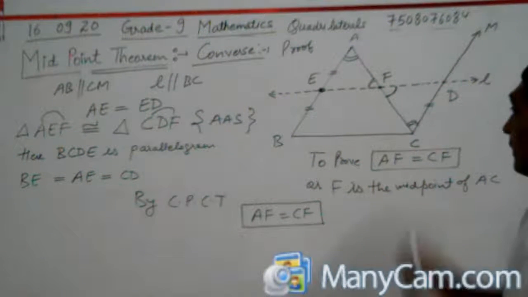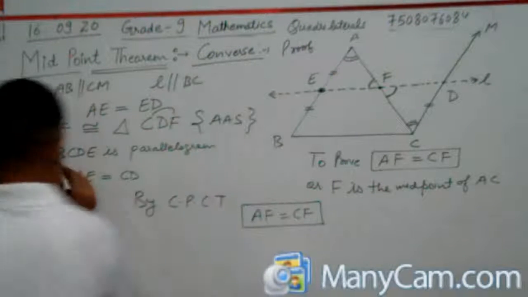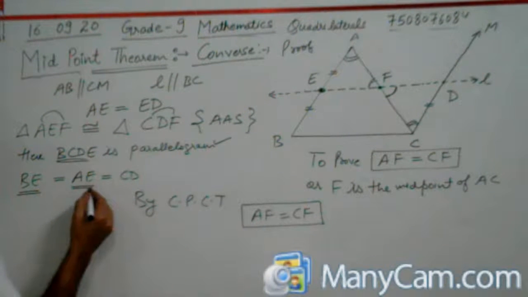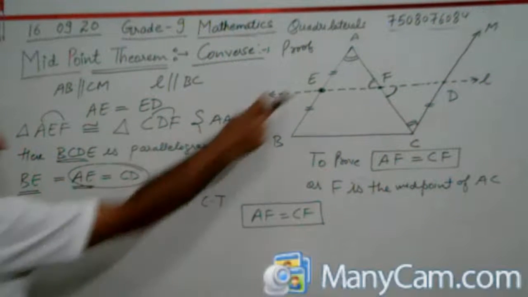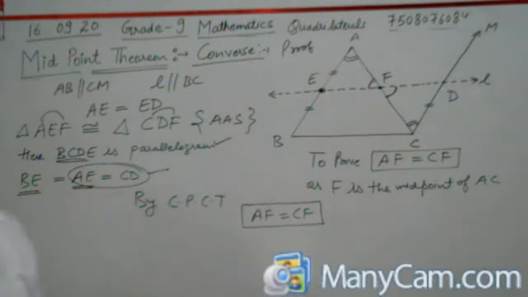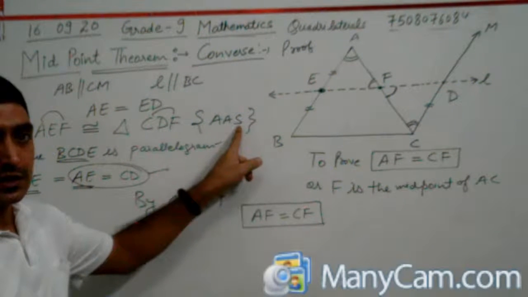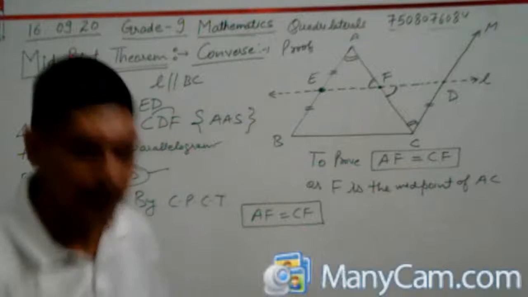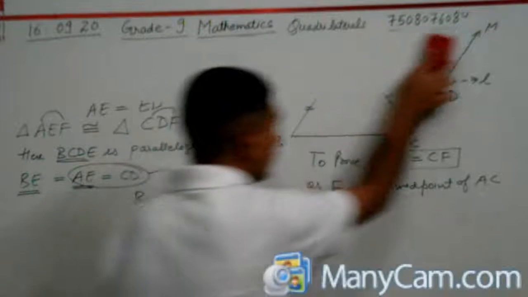Here we have a parallelogram, and in a parallelogram the opposite sides are equal, and E is the midpoint as given. So we have proved AE is equal to CD. The triangles are congruent by the angle-side rule, so by congruence AF is equal to CF. Okay, so switch over to example number 7. This is also very important.